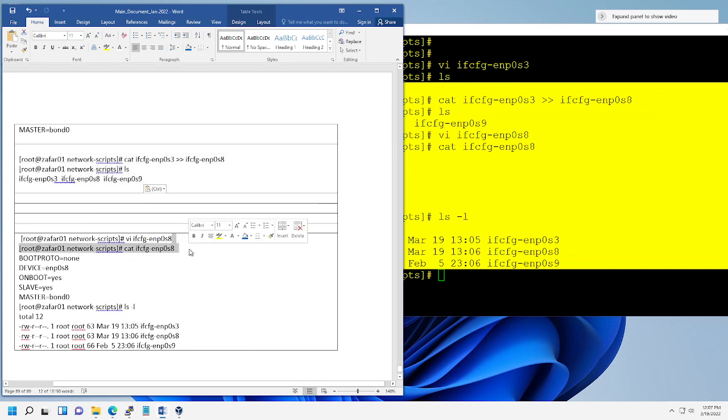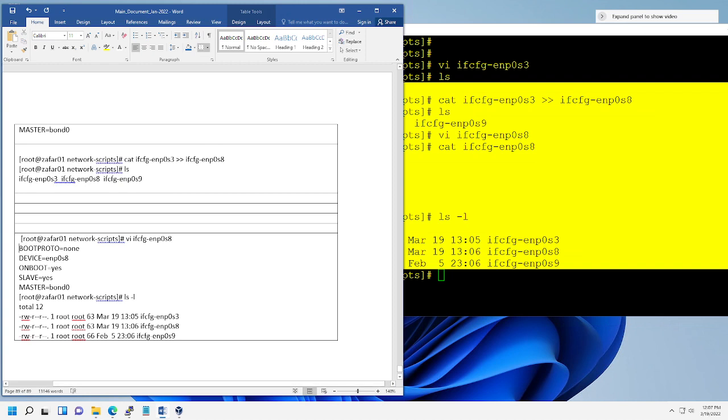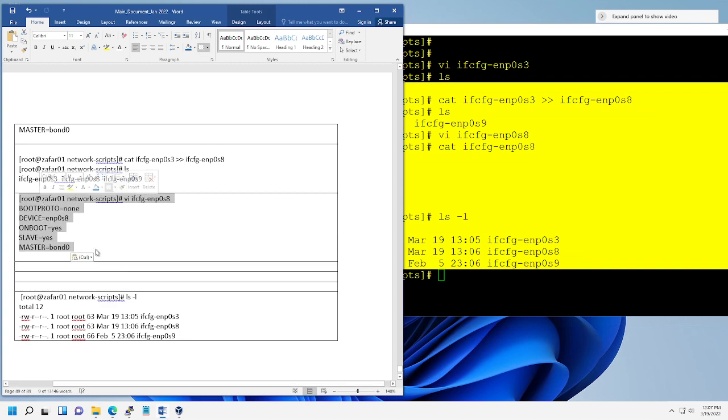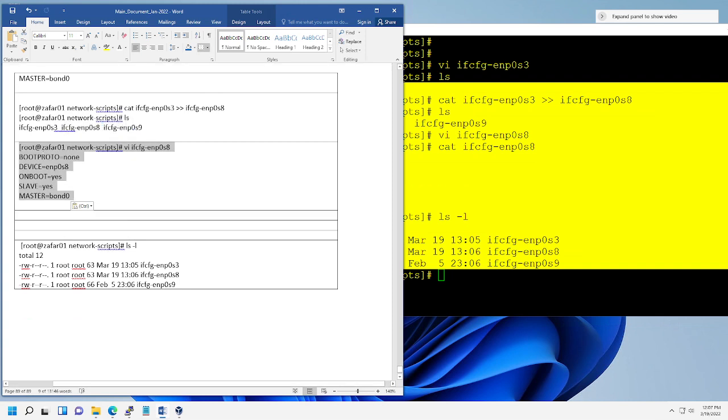Okay, and this part here, you're going to save this. In network-scripts, we're going to deal with these two files here.